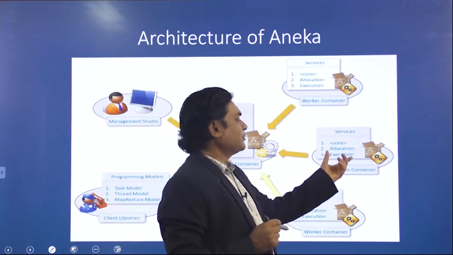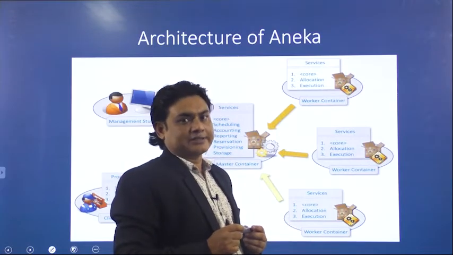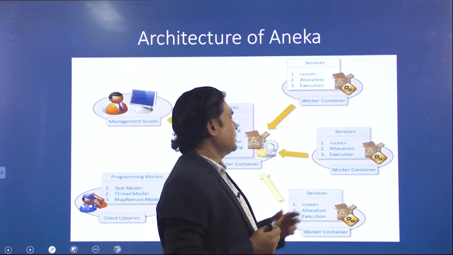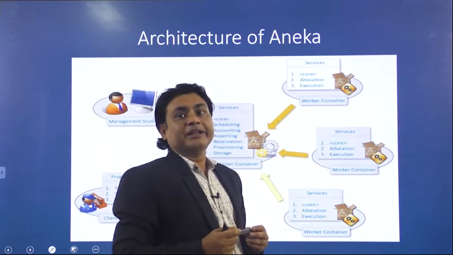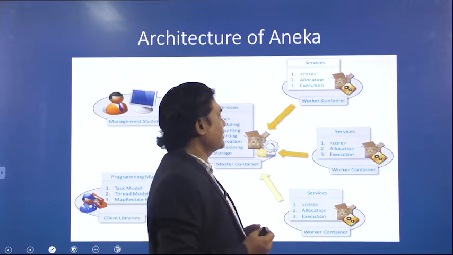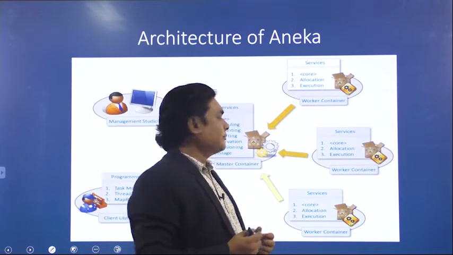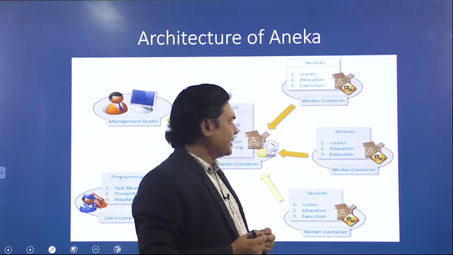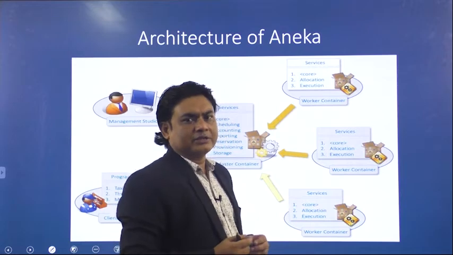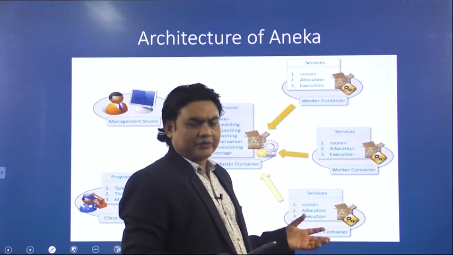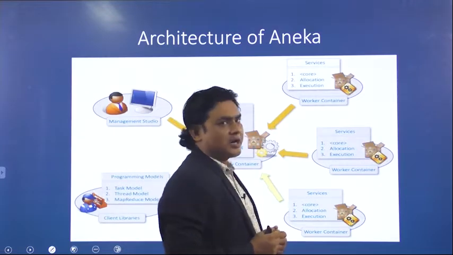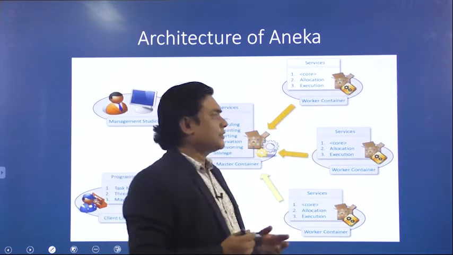They can execute the tasks and the jobs given by the clients, and they can also monitor the allocation of resources, how many resources are allocated to each worker. There will be a number of worker containers which impart the execution services.